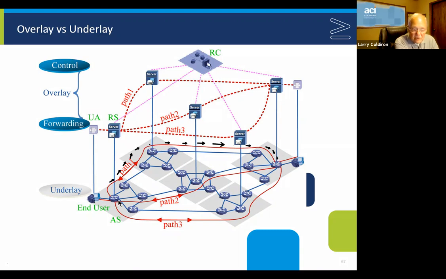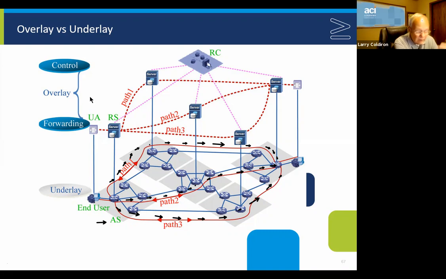And then path 2 is going to go in an entirely different direction. And then path 3 in yet another direction. And I got my arrows going backwards, but you get the idea that we go from one to the other. We have the end users here, and then the autonomous systems, the underlay network versus the overlay network.